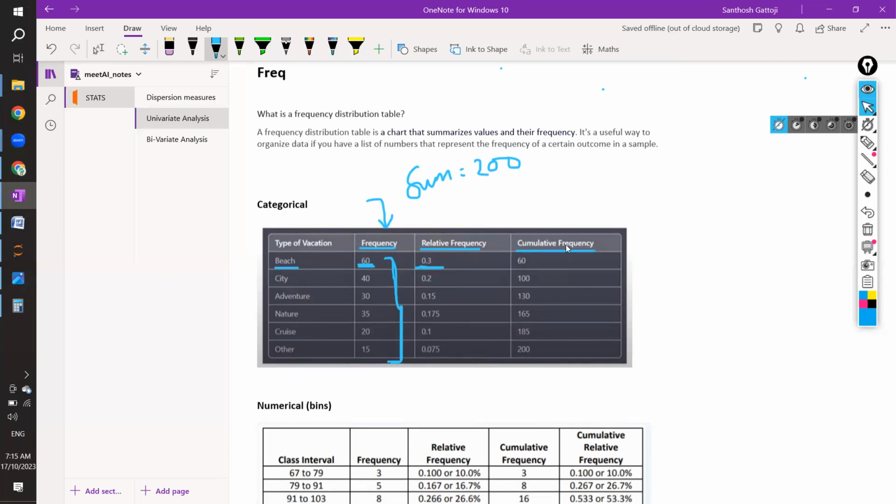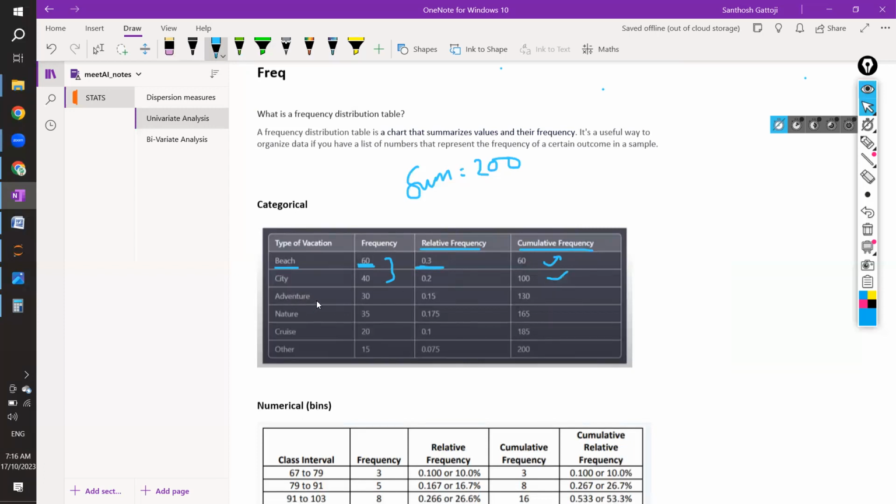But now you have one more thing called cumulative frequency, Meghna. Cumulative frequency is very simple. For beach it is 60. For city it will be beach plus city, 60 plus 40, 100.